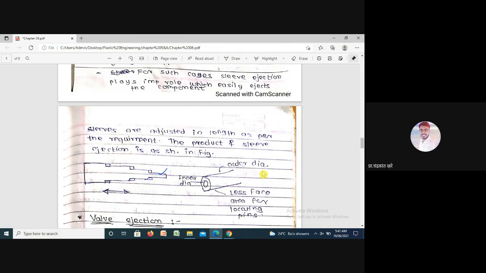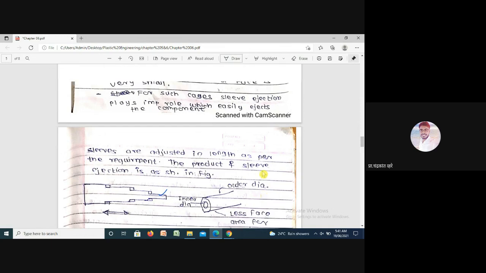I will explain these points once again. The system is used when the part is hollow. We discussed a circular rod having a hollow hole inside.